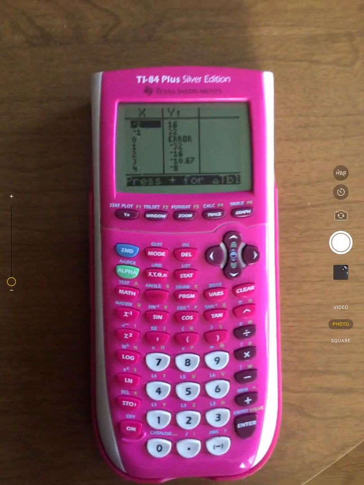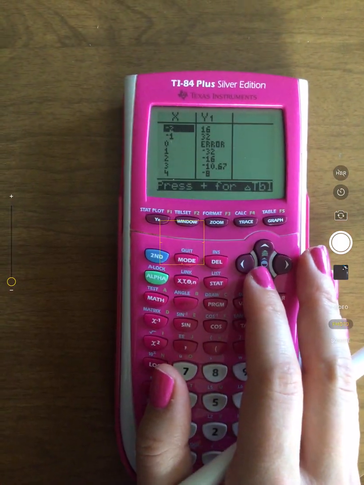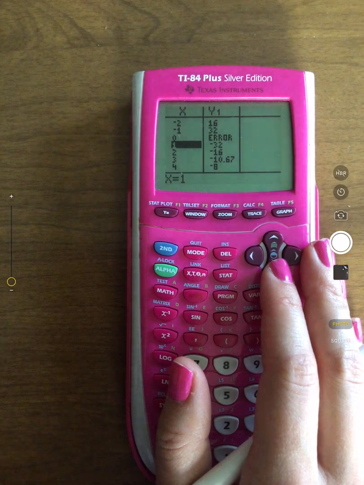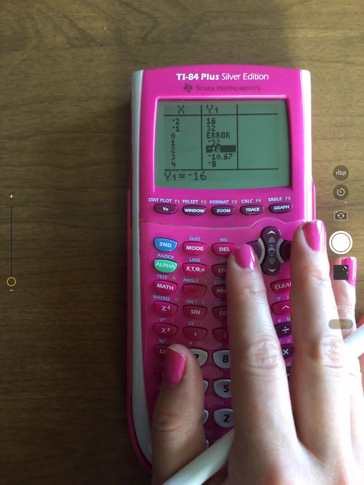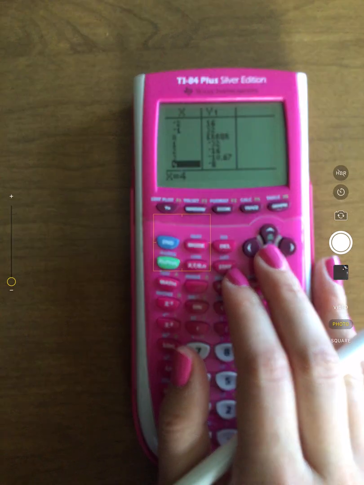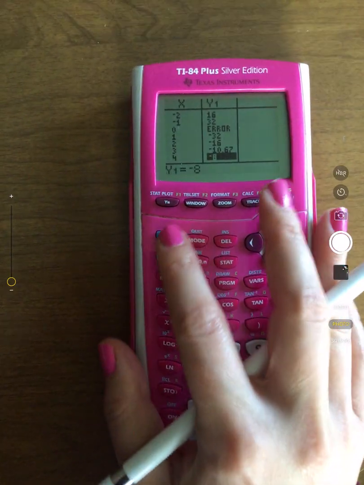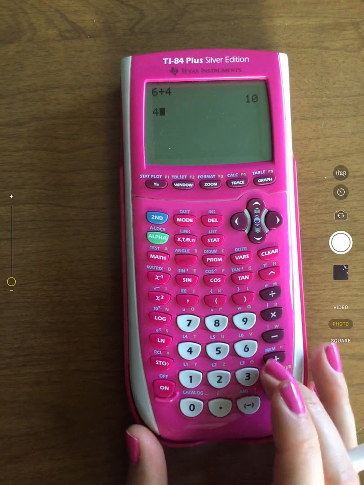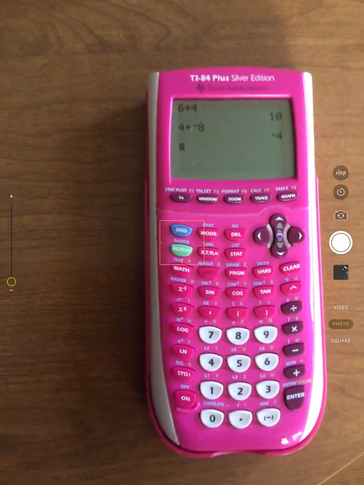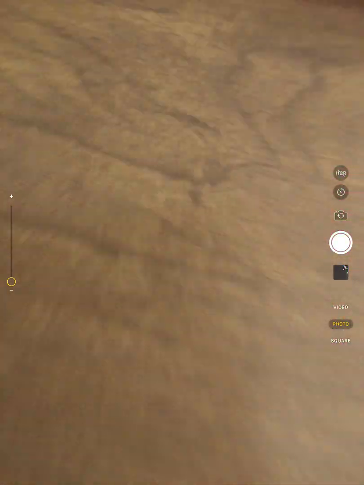So now we're looking for two numbers that are going to add to negative 4. So let's see, 1 and negative 32, that won't work. 2 and negative 16, does that add to negative 4? No. What about 4 plus negative 8? Let's see. 4 plus negative 8, that gives me negative 4. There we have it. So we have 4 and negative 8.